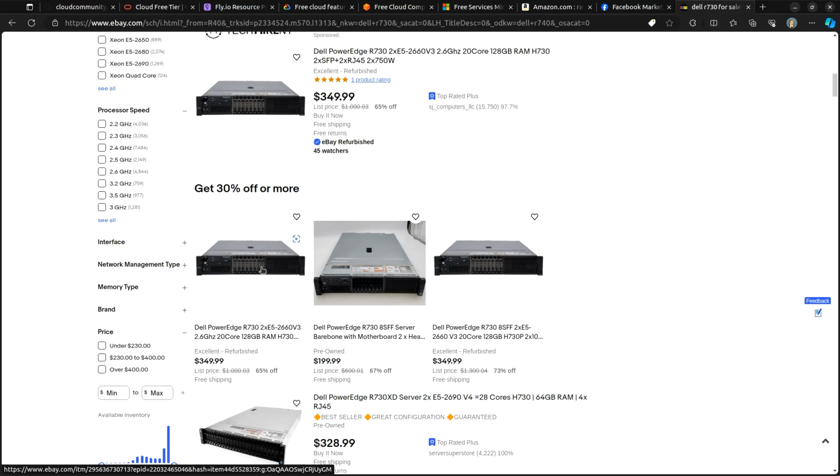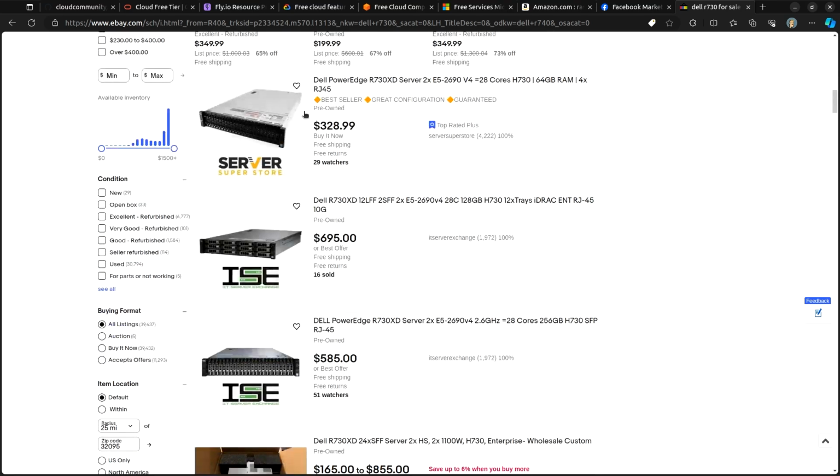Now again, fair warning, rack mount servers, they're loud, they generate a lot of heat. They take a pretty good chunk of electricity. But you can get them for cheap, and especially old ones, and they run real RAIDs and stuff like that.